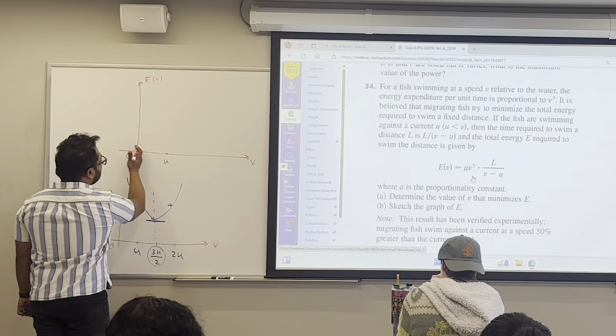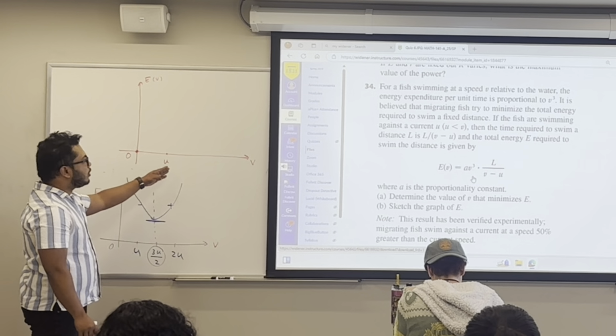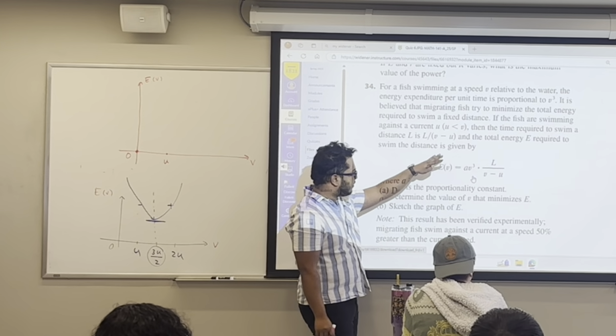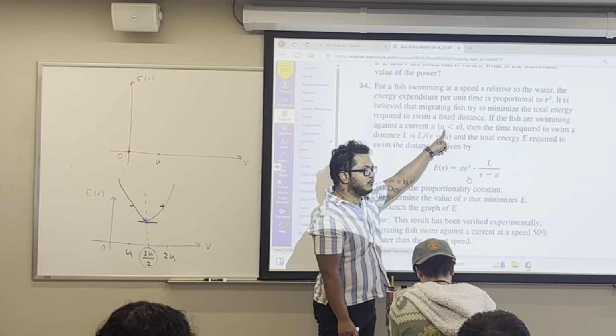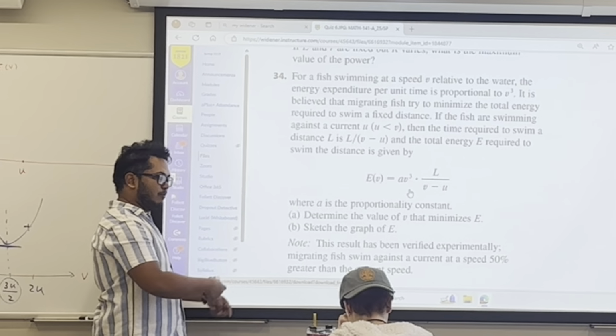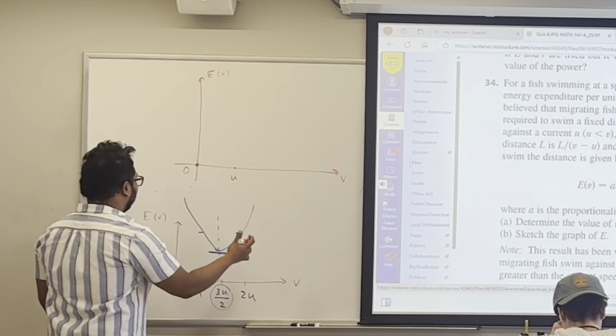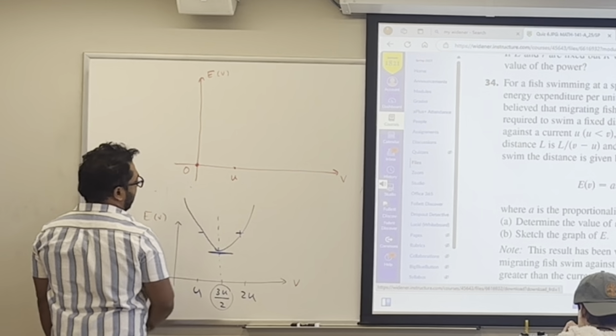You don't draw anything below u. You may ask why, because this application is only valid when v is greater than u. Clear? If v is less than u, like the fish is dying, it's probably the current. Okay, nothing below that. This is where you start.